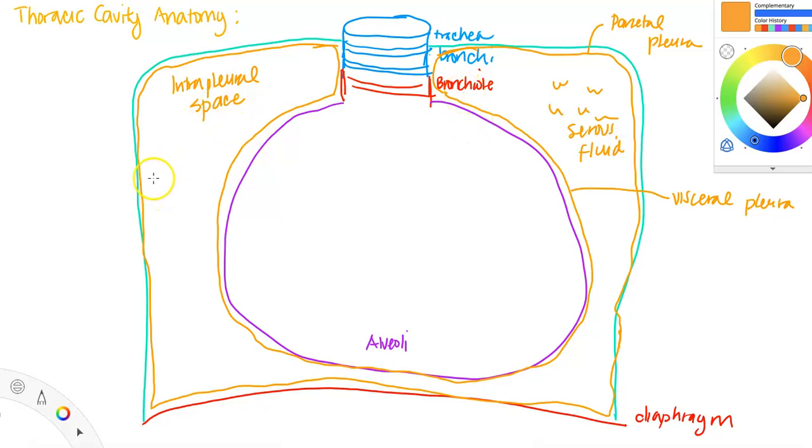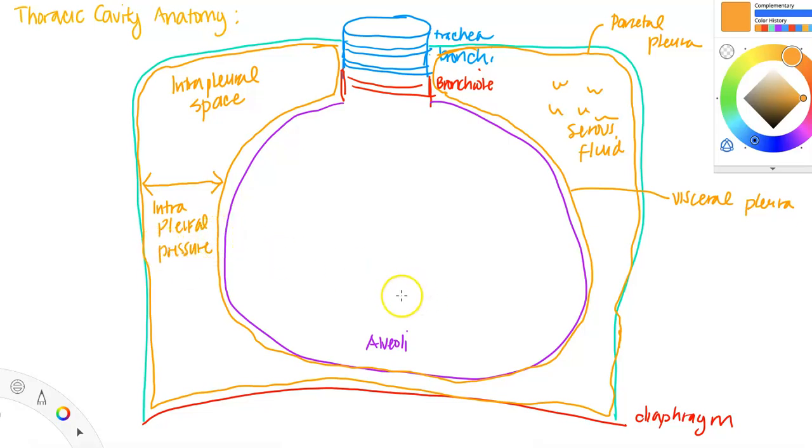And there is also a pressure that is exerted on these two pleural walls, the visceral pleura and the parietal pleura. There's a pressure there, and that's called intrapleural pressure.